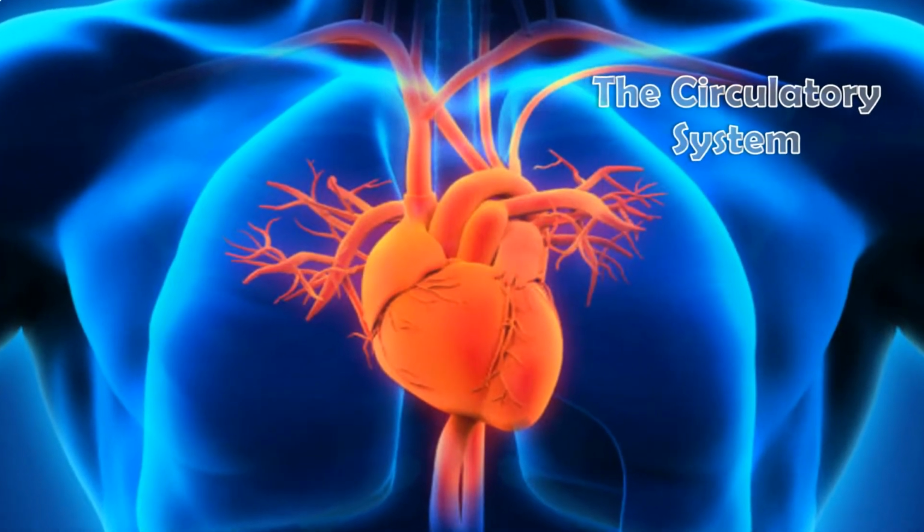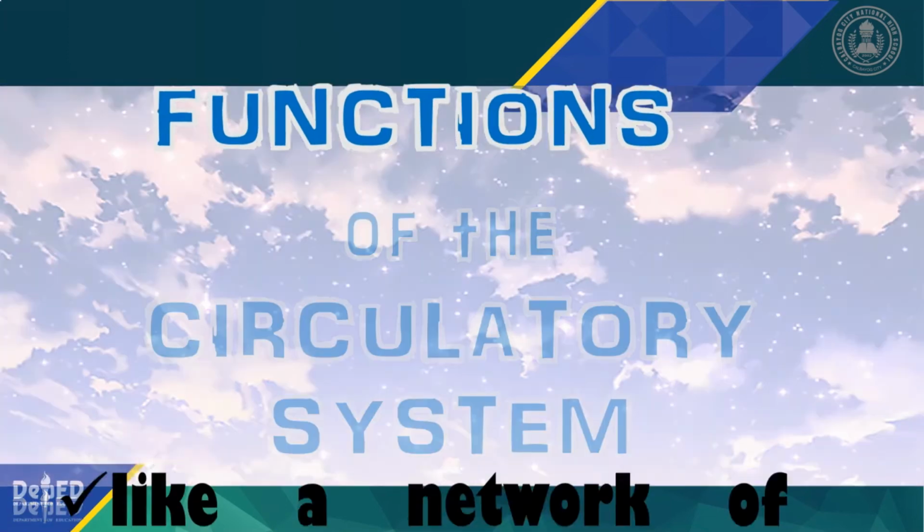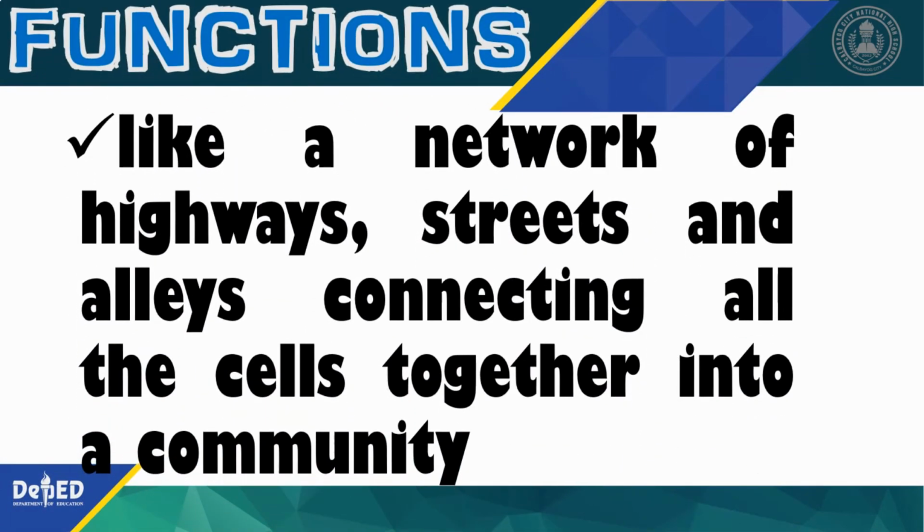To learn more about this, let us first know the important functions that it plays in our body. The circulatory system is like a network of highways, streets, and alleys connecting the cells together into a community.